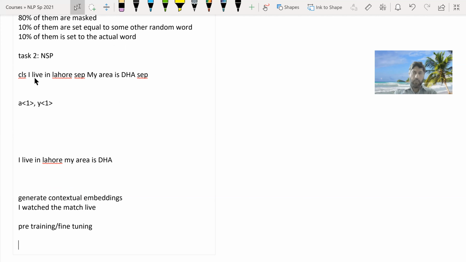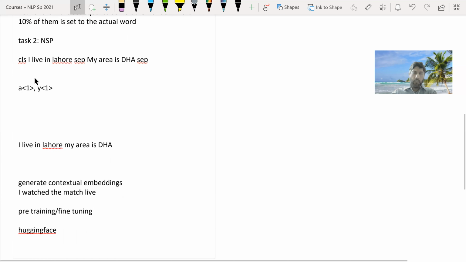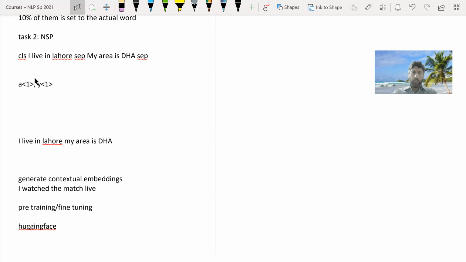Hugging Face is a library that you can find on the web, which has many of these models pre-trained. I think it's available on GitHub. So this has pre-trained models available to you. Of course, these pre-trained models are also available in multiple languages. So BERT has been trained for English, and as well as in many other languages. Of course, it's not available for Urdu yet because we don't have a large corpus for Urdu available.